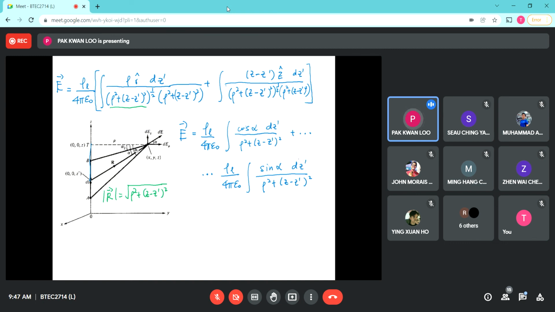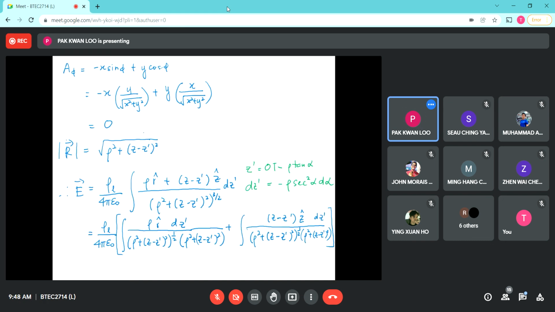As I said, I'm going to use all the variables presented here. I haven't substituted dz prime here, which is going to be negative rho secant squared alpha d alpha.